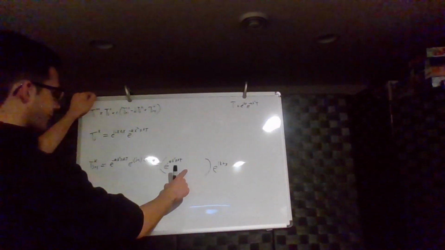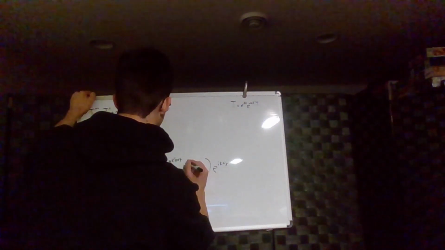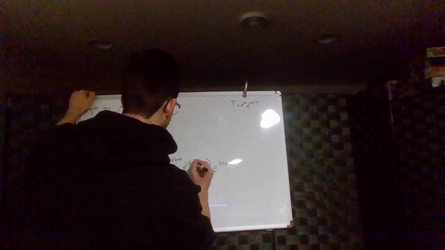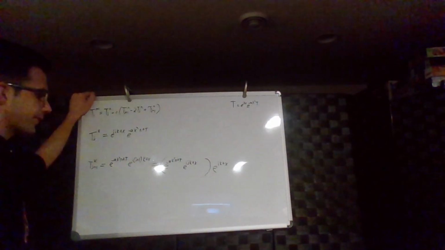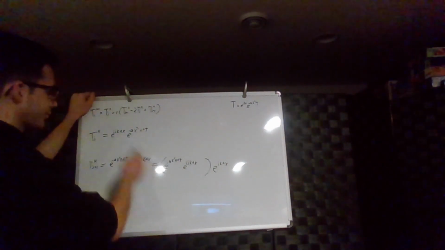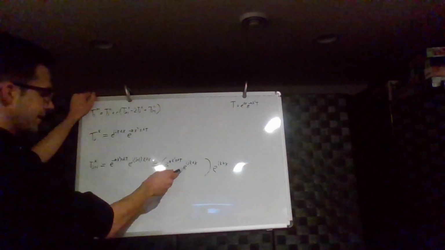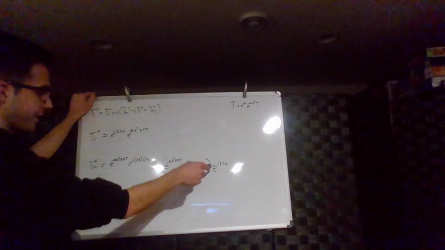What we'll be left with in our first term here is e to the i jk delta x. And so if we look at this, this should look familiar because it's right up here: e to the negative alpha k squared n delta t, e to the i jk delta x. Yep, we got that. And we're just multiplying it by this.